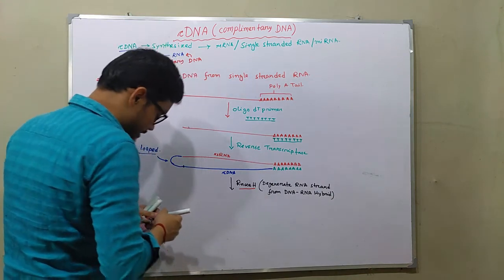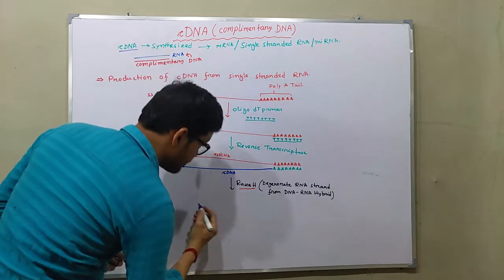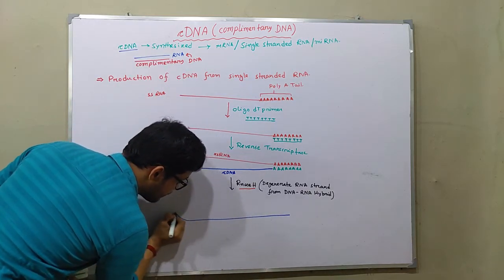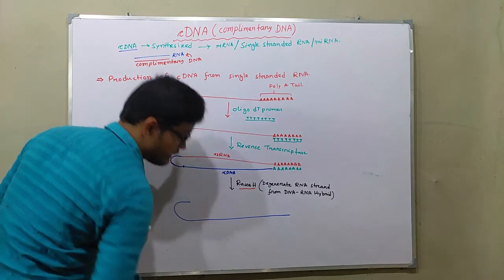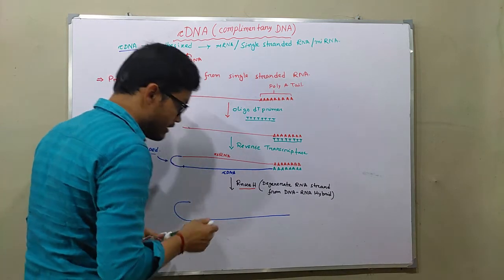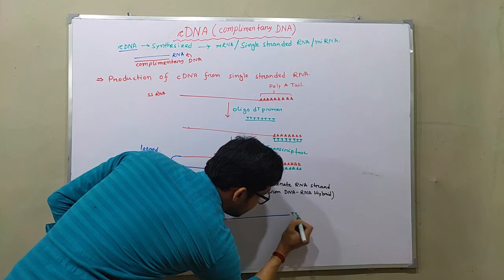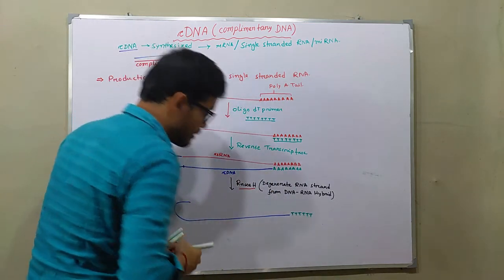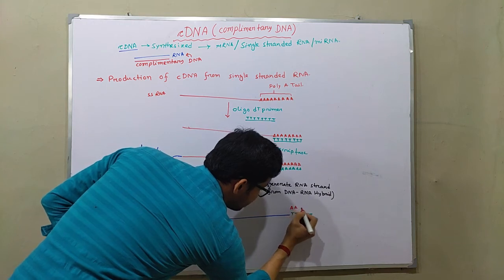So in that case we have got our cDNA here, the oligo dT primer here and the poly-A tail here.